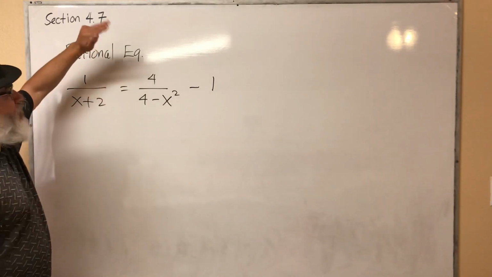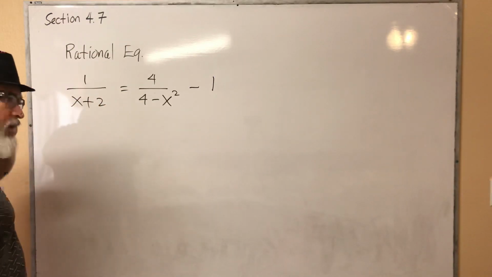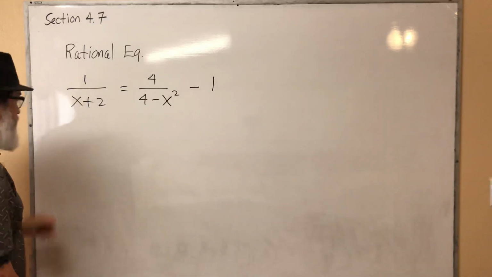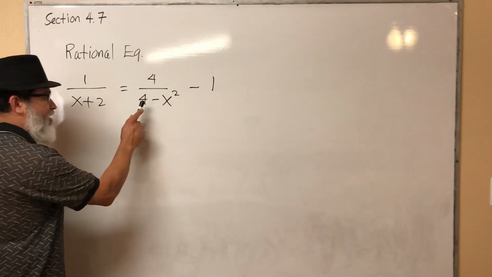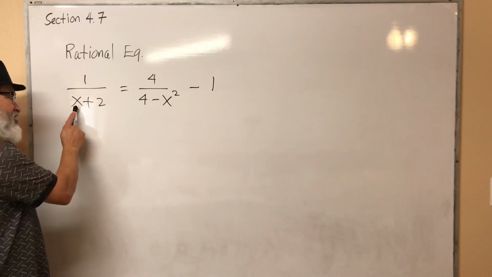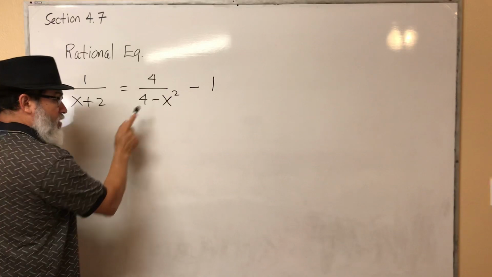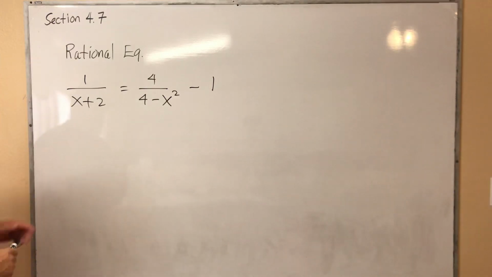I'm going to multiply the top and the bottom by a negative, because I want the x to be first and then the constant to be second. Just like here x is first and the constant is second, that's what I'm going to do here. Okay? So multiply top and bottom by negative.